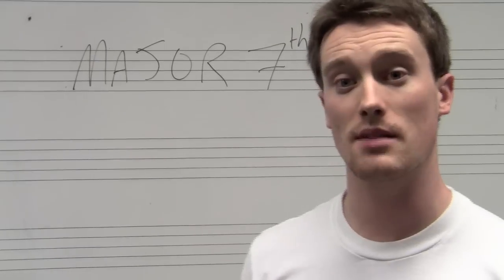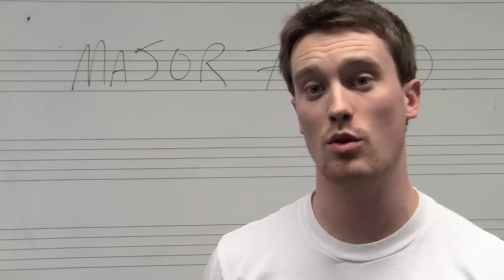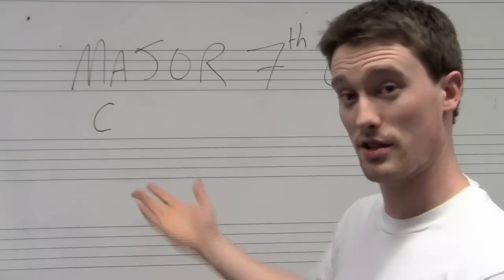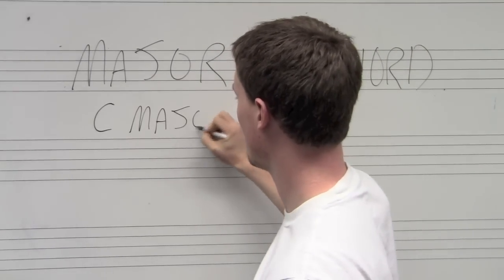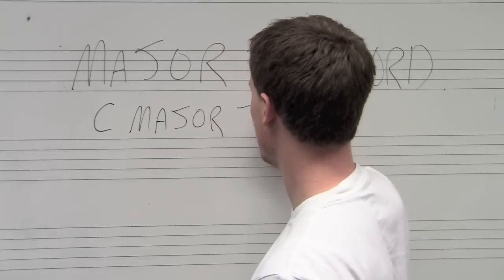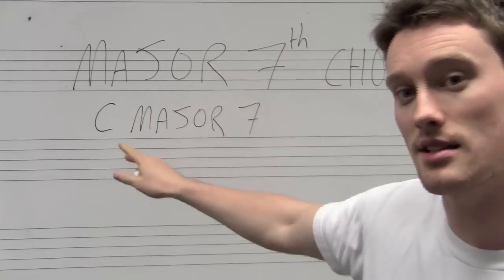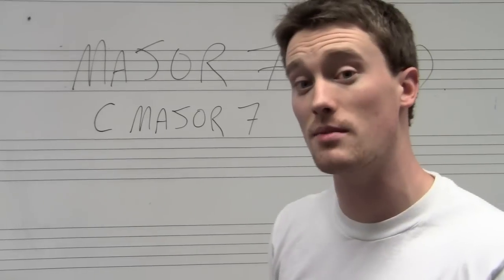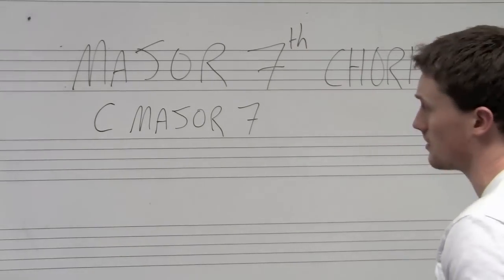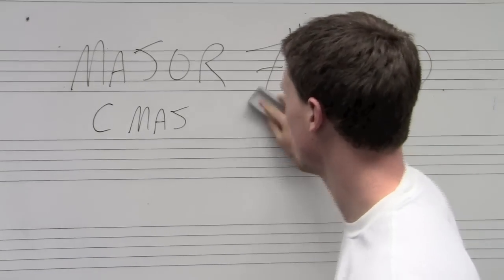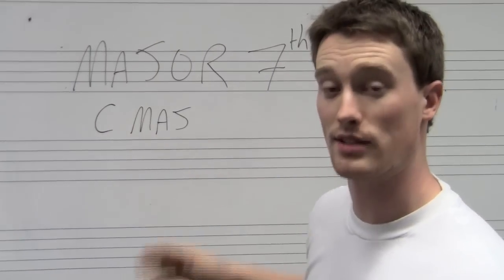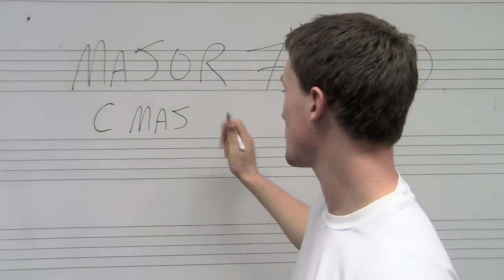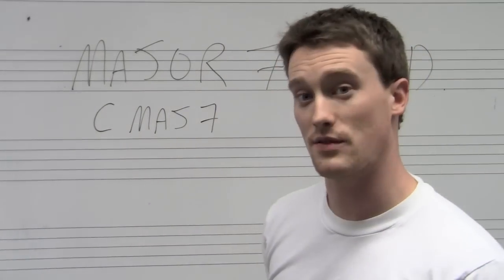Great. Something to think about with major 7th chords is that major 7th chords could look like this. They could do that, so instantly you know that's going to be a major 7th. But that's not always going to be the case. Sometimes you might see this. You might just see C and then the letters M, A, J. J stands for major, and 7 stands for the 7th.